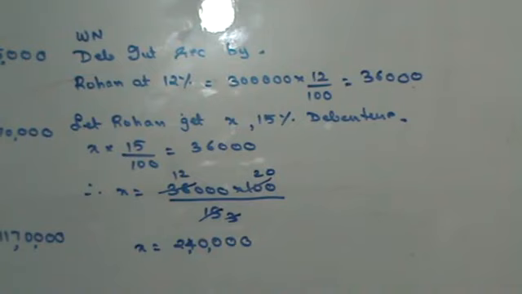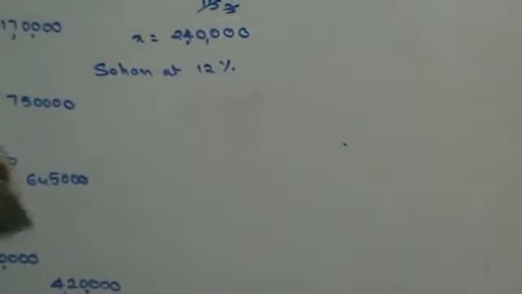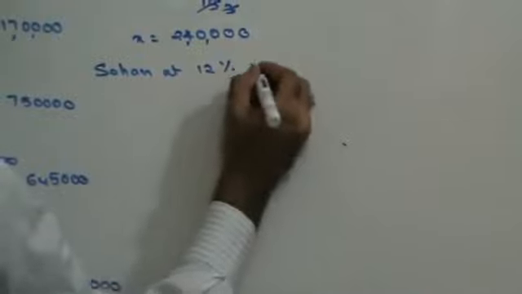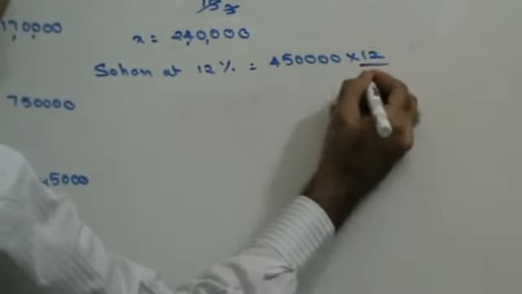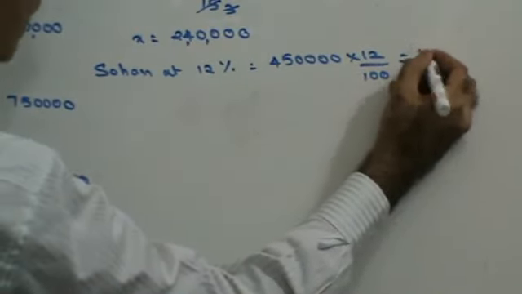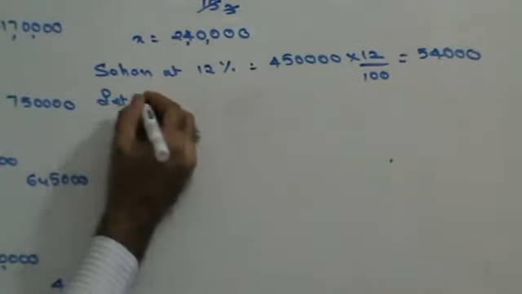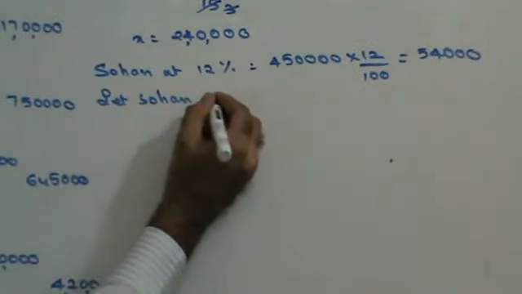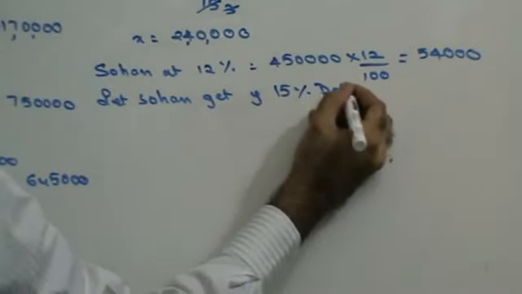Similarly, let's work this out for Sohan also. Sohan at 12%. Sohan's debentures are 4,50,000. At 12%, how much is he getting? Someone please get this out. 54,000. Right, let us assume that let Sohan get Y 15% debentures.